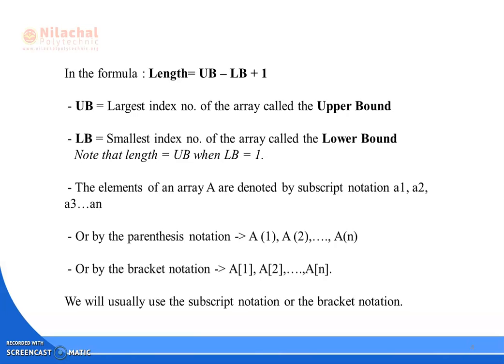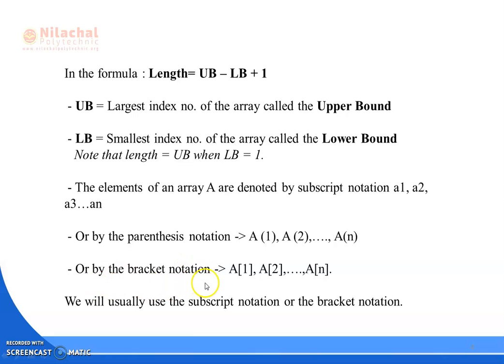Next, the elements of an array A are denoted by a subscript notation A1, A2, A3, or it can be noted by A with index number 1 in parentheses, where A is the name of the array, with the next index number 2, up to n number of elements.